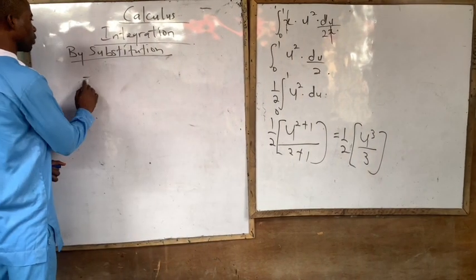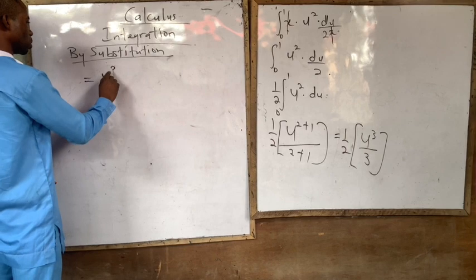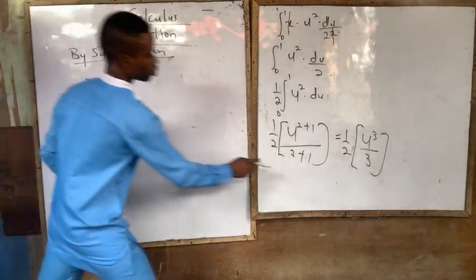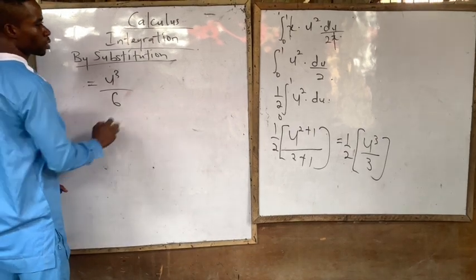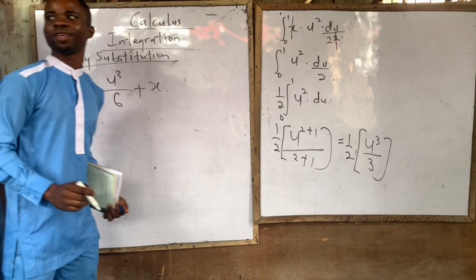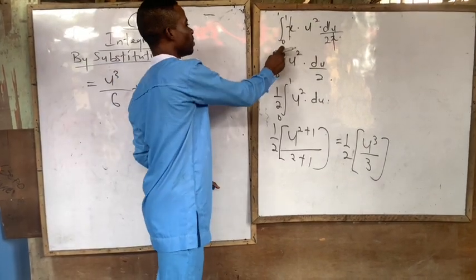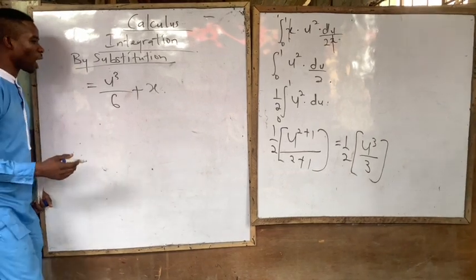We have 1 times u cube, that is u cube, all over 2 times 3, that is 6. But anytime you are given an upper limit and a lower limit, we have to substitute for both. And how do we do that?